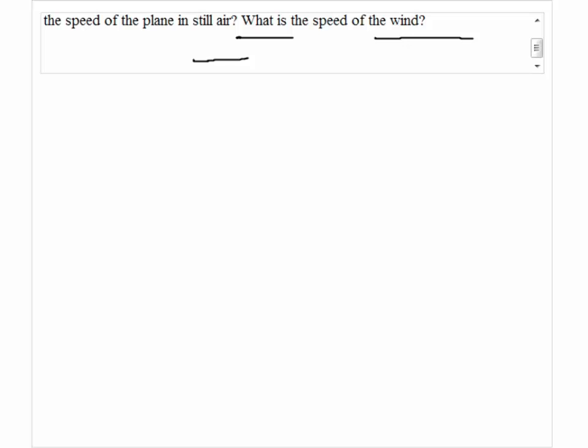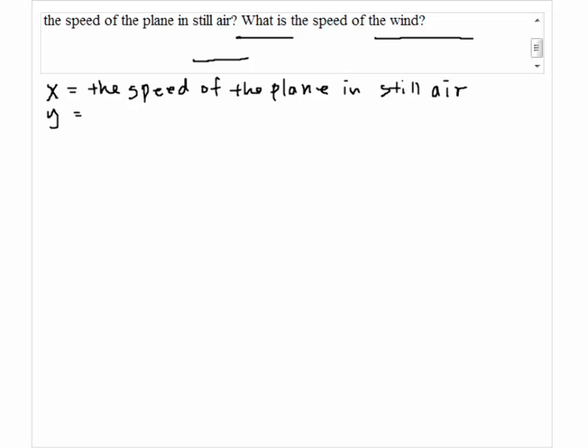Since we do not know both the speed of the plane in still air and the speed of the wind, we let x be the speed of the plane in still air, and we let y be the speed of the wind.